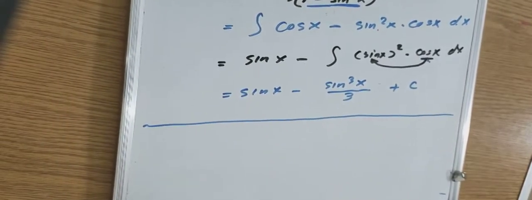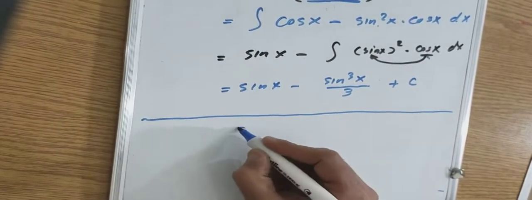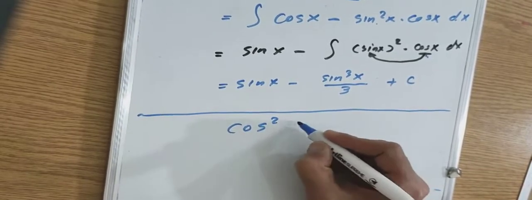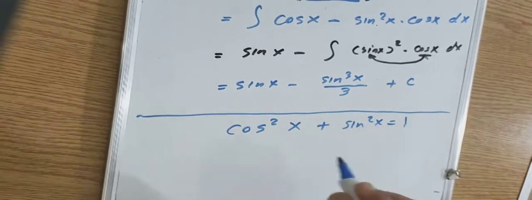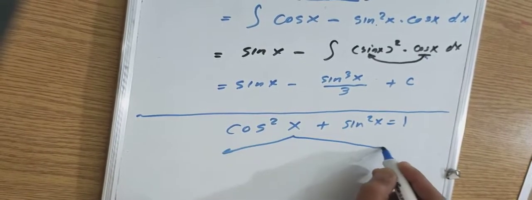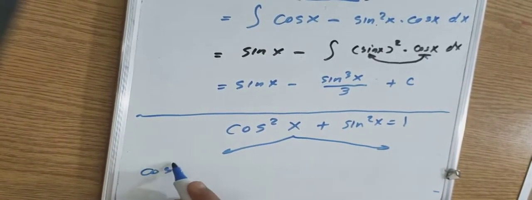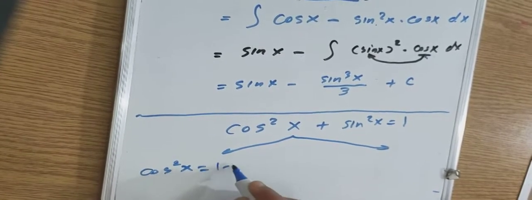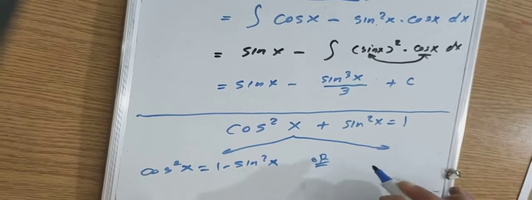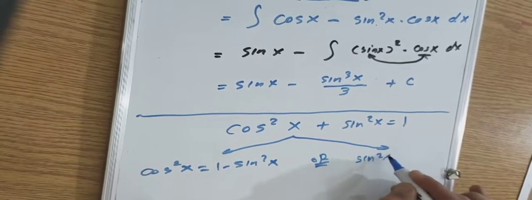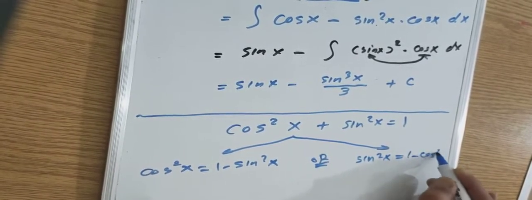And please remember the identity between cosine and sine, that cosine squared plus sine squared is equal to 1. This identity can be written as cosine squared equals 1 minus sine squared, or sine squared equals 1 minus cosine squared.